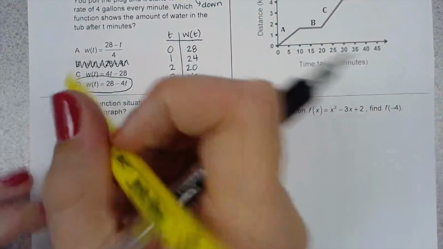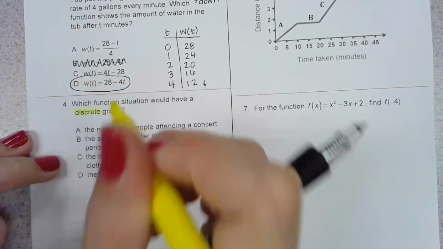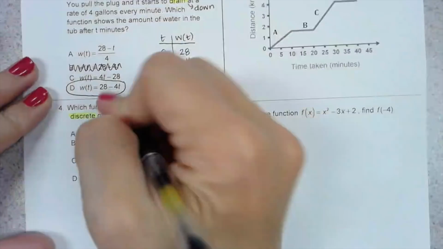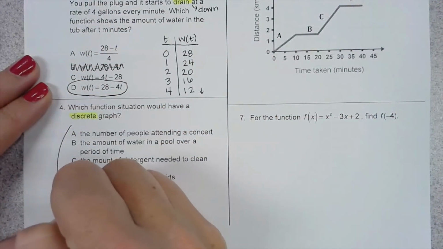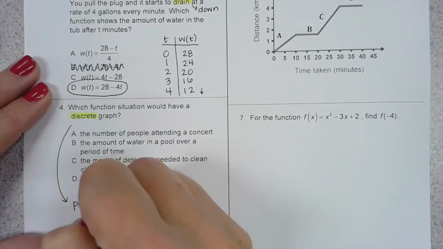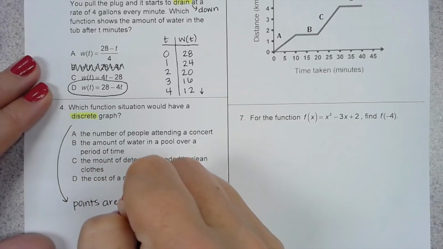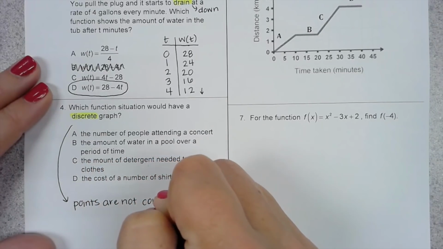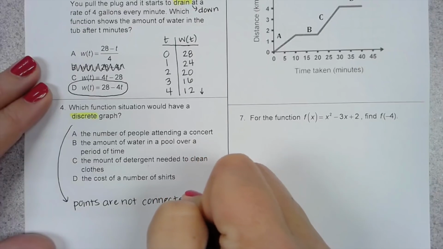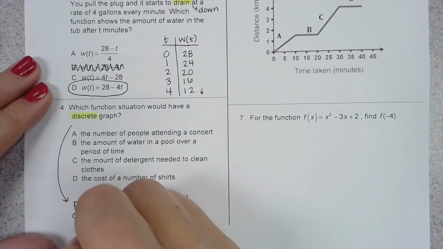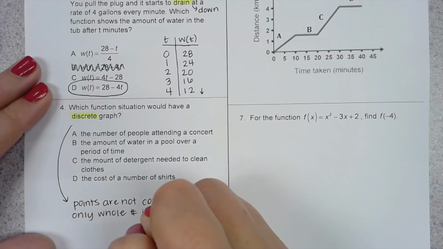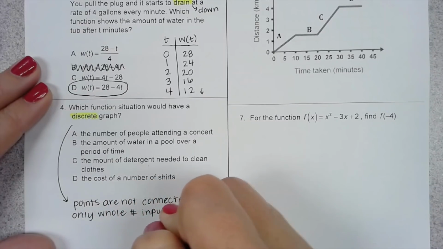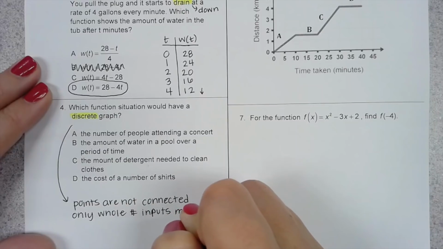So a couple things to remember if it's talking about a discrete graph. On a discrete graph, it means I'm going to come down here on the bottom. So the points are not connected. Because only whole number inputs make sense.